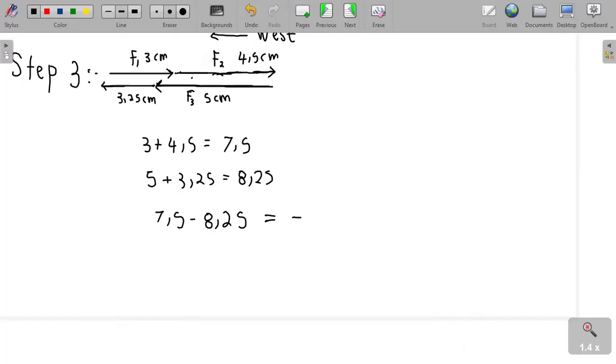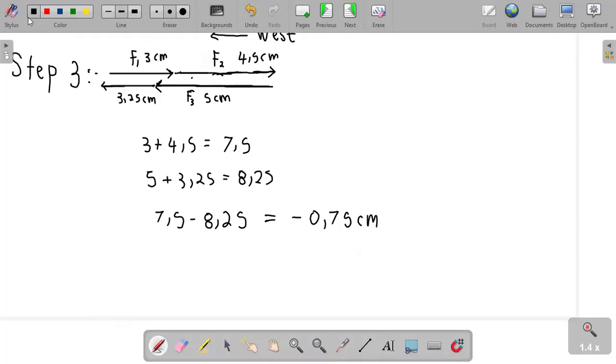We should use a calculator. Negative 0.75 centimeters.